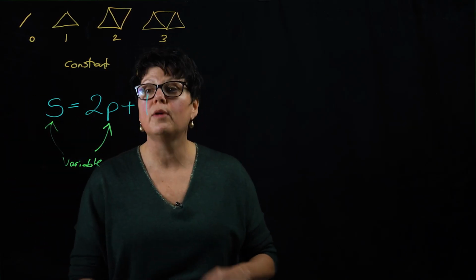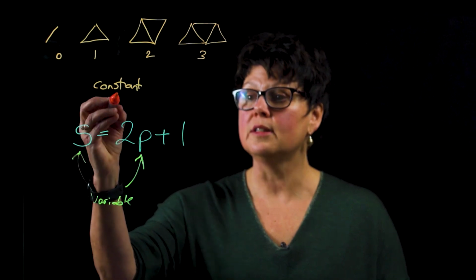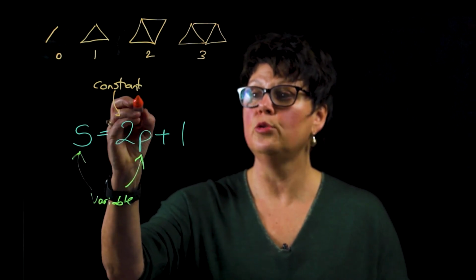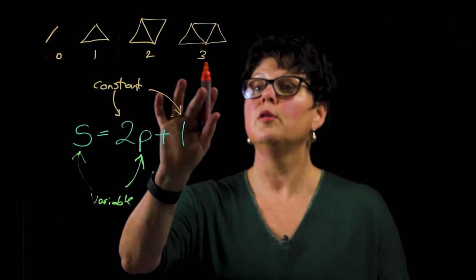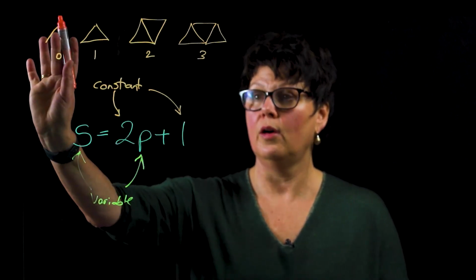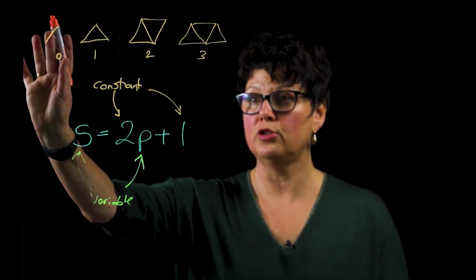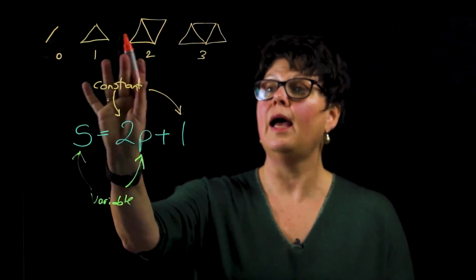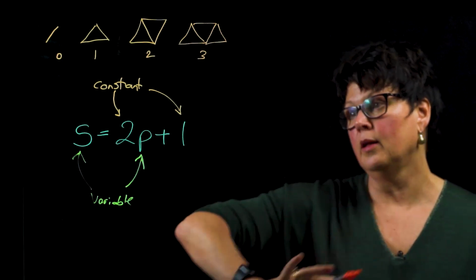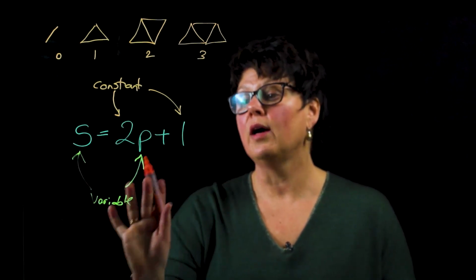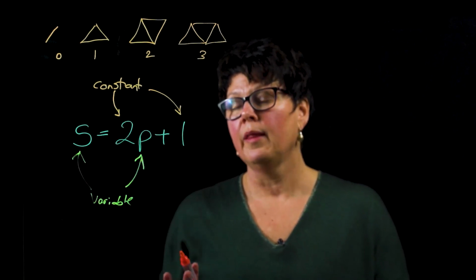We also want them to recognise that our constants are 2 and 1. For this pattern, they're constant because we start with 1 stick as our initial stick, and we are adding 2, and we have a constant pattern of adding 2. So these are our variables and constants.